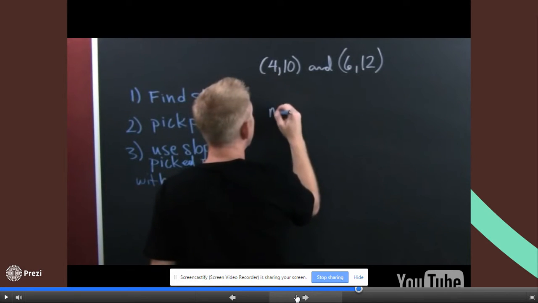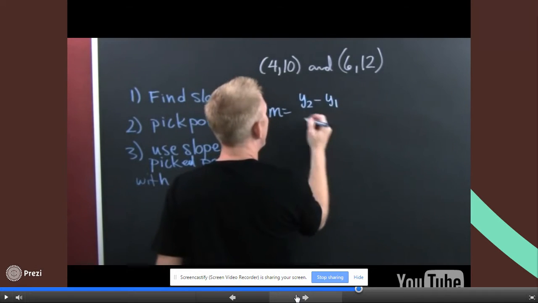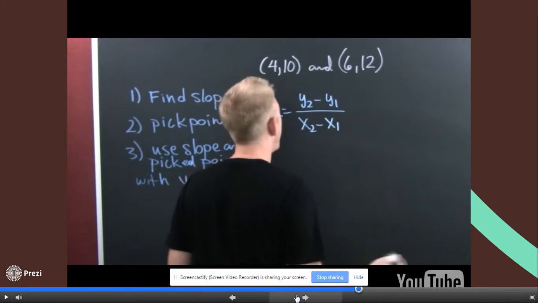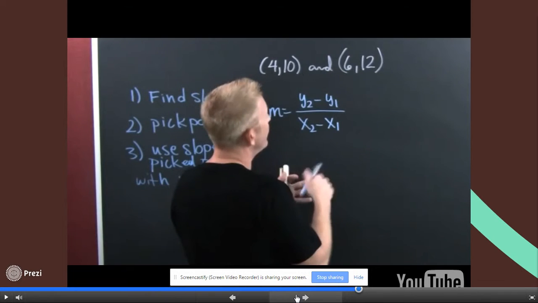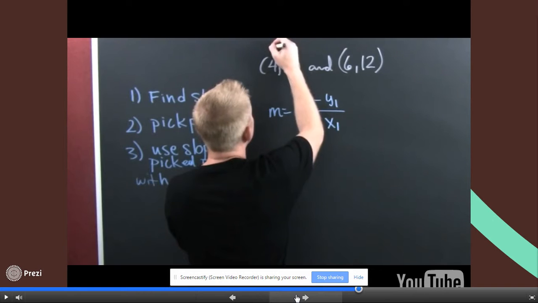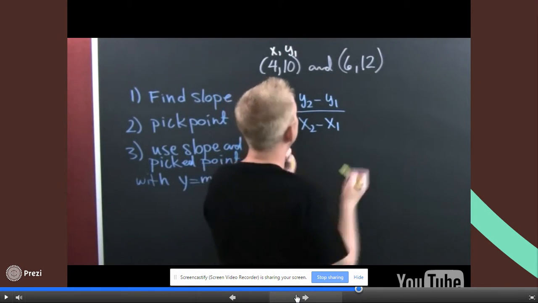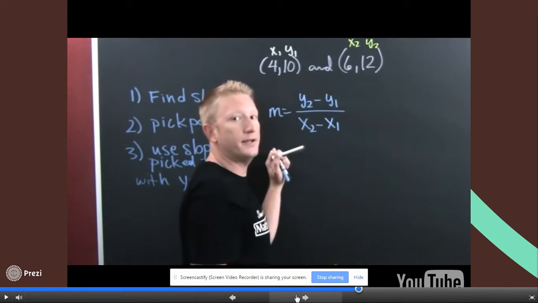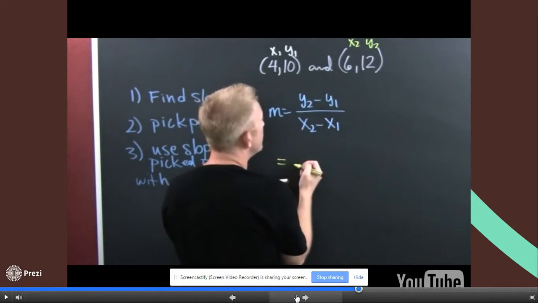Our slope is y2 minus y1 over x2 minus x1. Yes, we are familiar with this. Until you're a professional, I strongly encourage that you label. This will be x1, y1, and then this will be x2, y2. It doesn't matter which one is your first and which is your second, as long as you keep it straight.